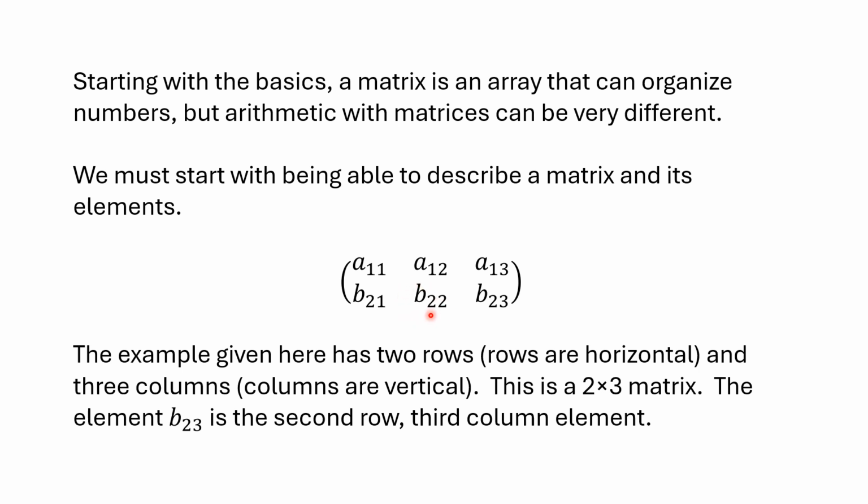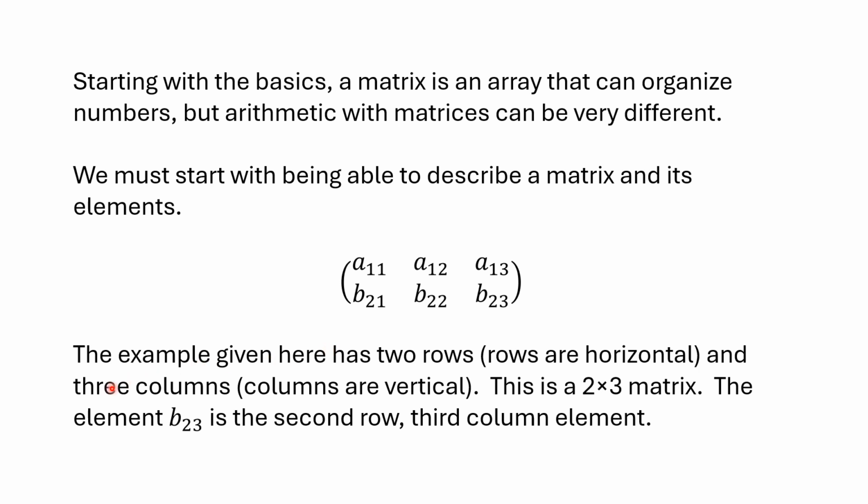So if I want the second row, third column, I would specify it by first the number for the row, and second the number for the column. So this is row 1, 2, and column 1, 2, 3. So this is the first row's second column, and so on.